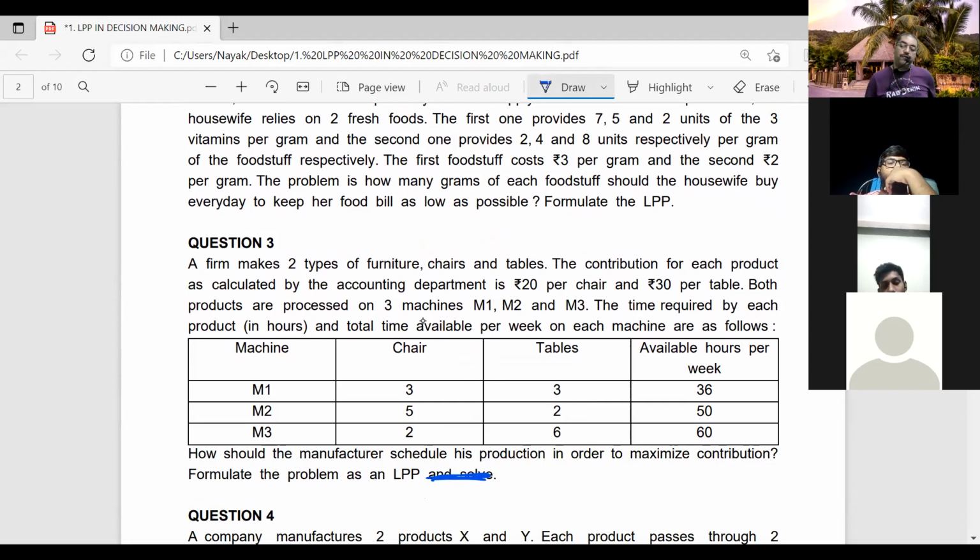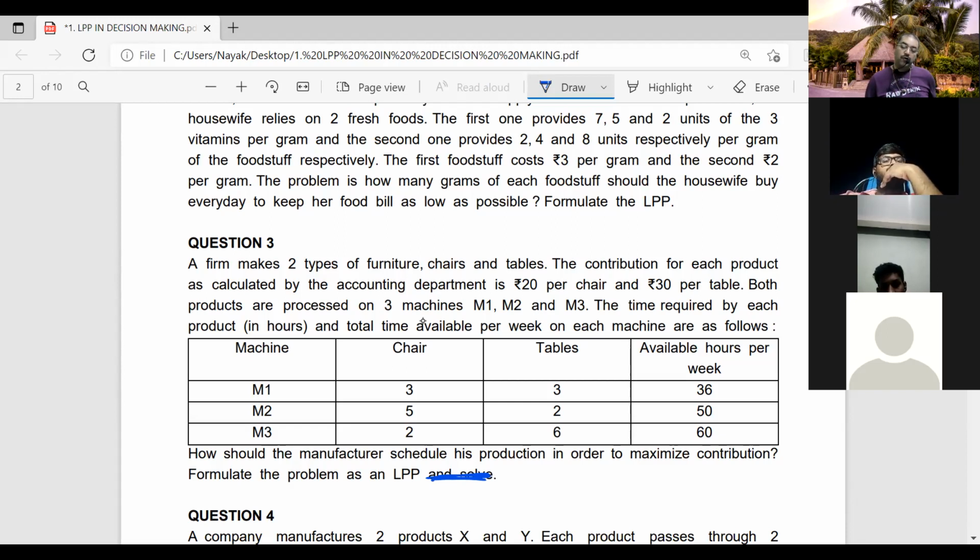The contribution for each product as calculated by the accounting department is 20 rupees per chair and 30 rupees per table. Both products are processed on 3 machines, M1, M2 and M3. The time required by each product in hours and the total time available per week on each machine are as follows.